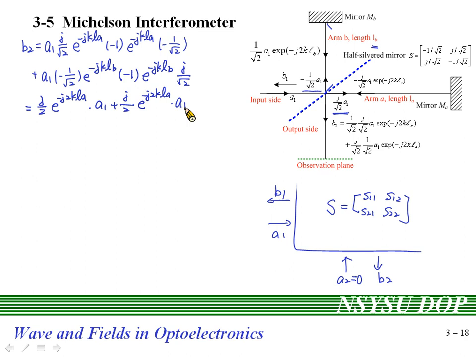And we know that according to the scattering matrix, if A2 is 0, then B2 can be written as S21 times A1. So from this expression, you can easily find the expression for S21, right? So we rearrange this term, and this expression can also be written in the following form.